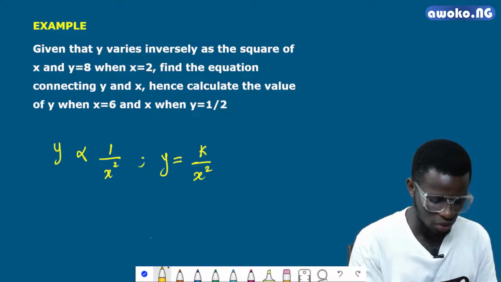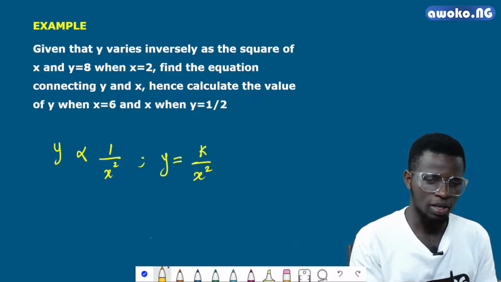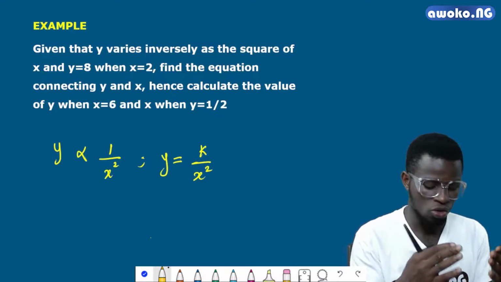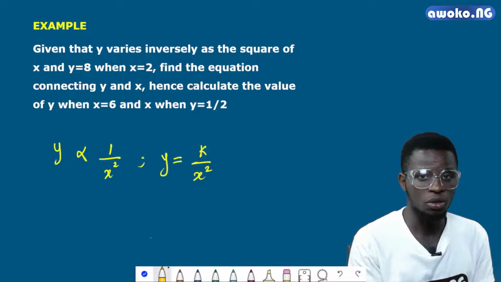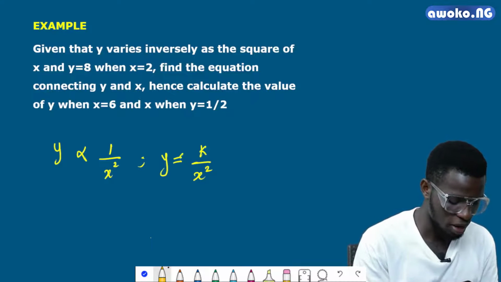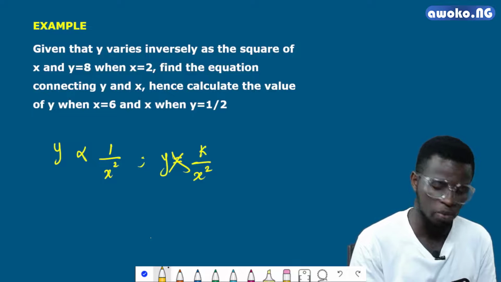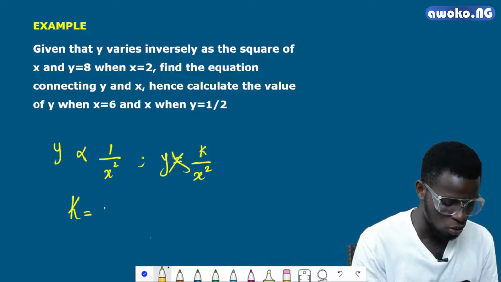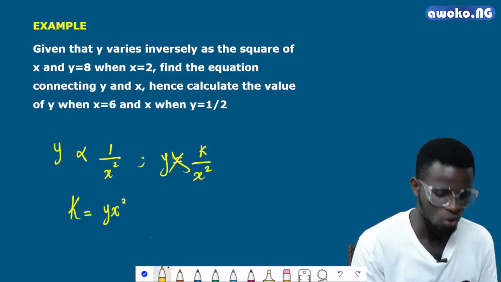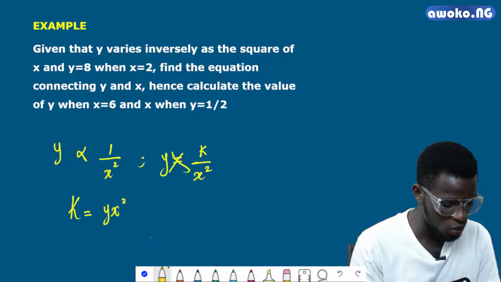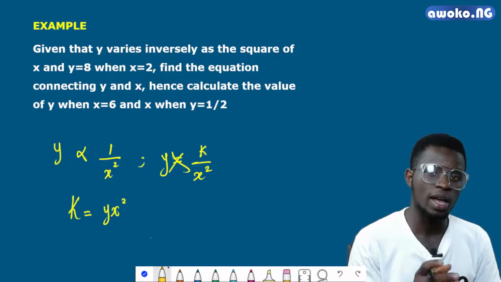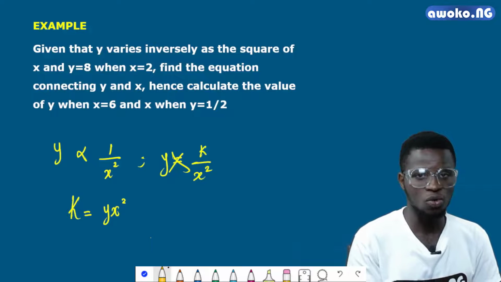And we would have to make K the subject of the formula to obtain the value of K. To do that, we cross multiply, and we have K equal to YX squared. In the question, we were told Y is equal to 8 and X is equal to 2.